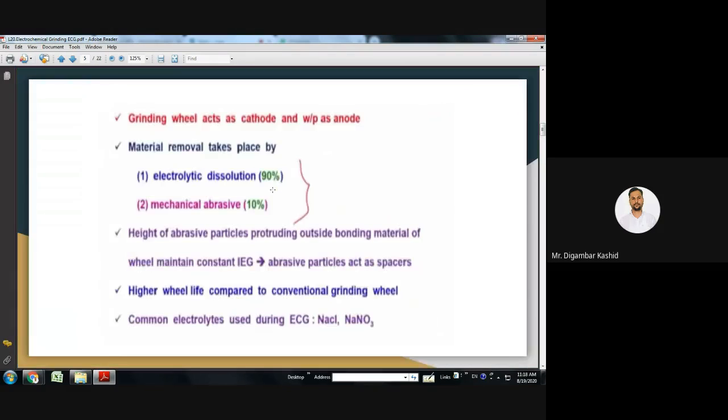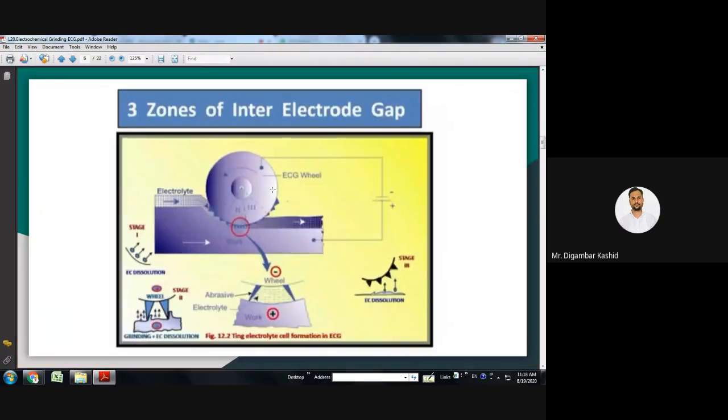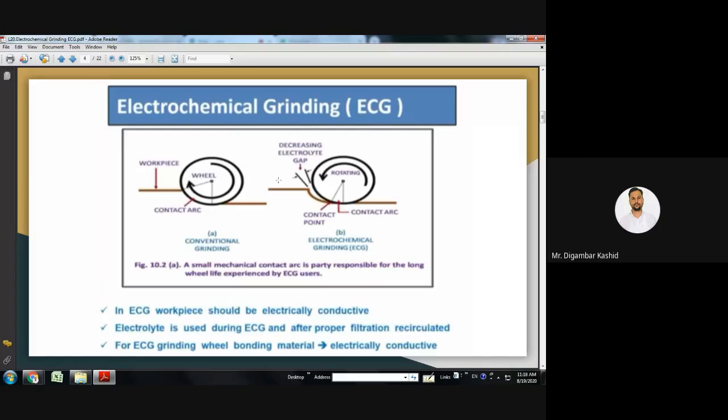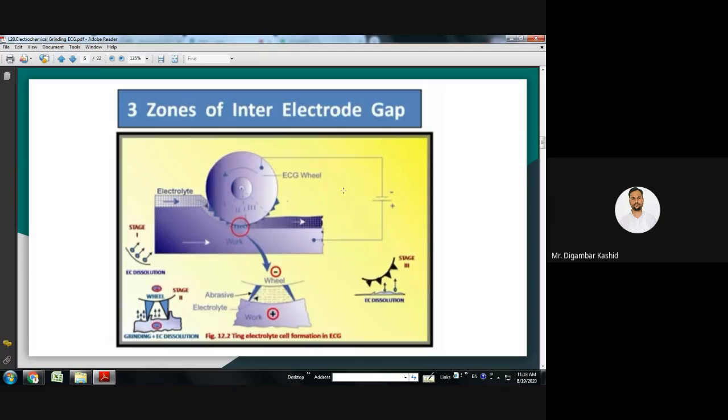Now all of you please draw these two diagrams, because this is very important. This diagram you will not get in any book. Only this wheel and the surface you will get, but in detail, up to zone 1, 2, 3, this diagram you will get in the VKGen.